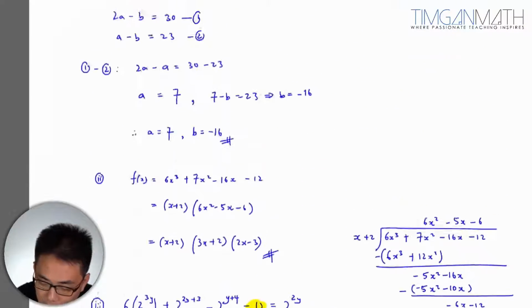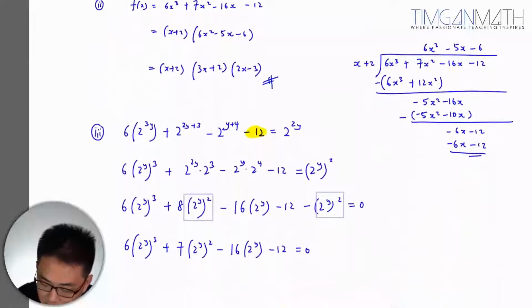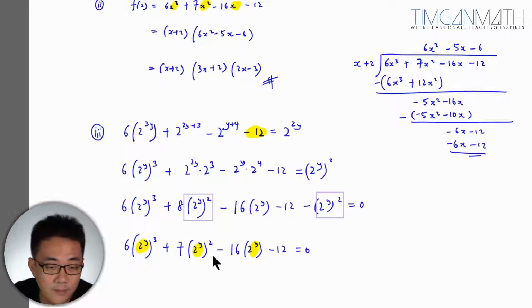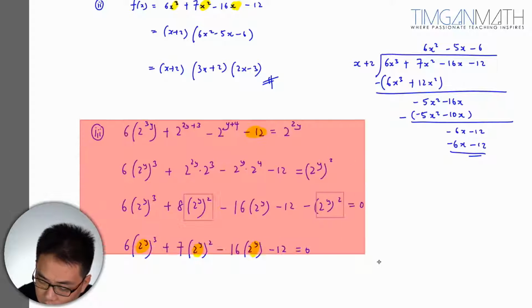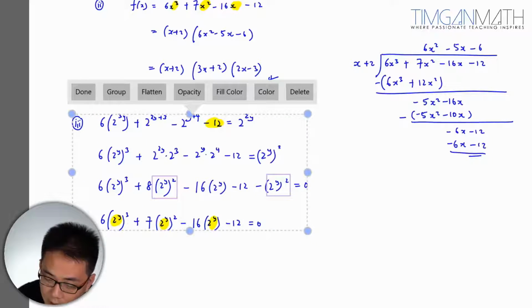Once this is done, you should be able to tell that the substitute for x is actually 2^(y). So this is x, x, and x. See that? Once we're done, we are going to try and solve.